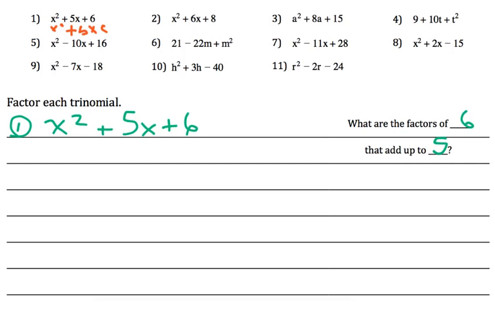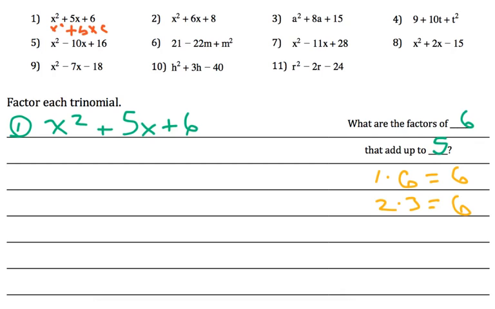The only way I can get 6 is by 1 times 6 or 2 times 3. When I see which of these add up to 5, 1 plus 6 is 7. That doesn't work. 2 plus 3 does work.